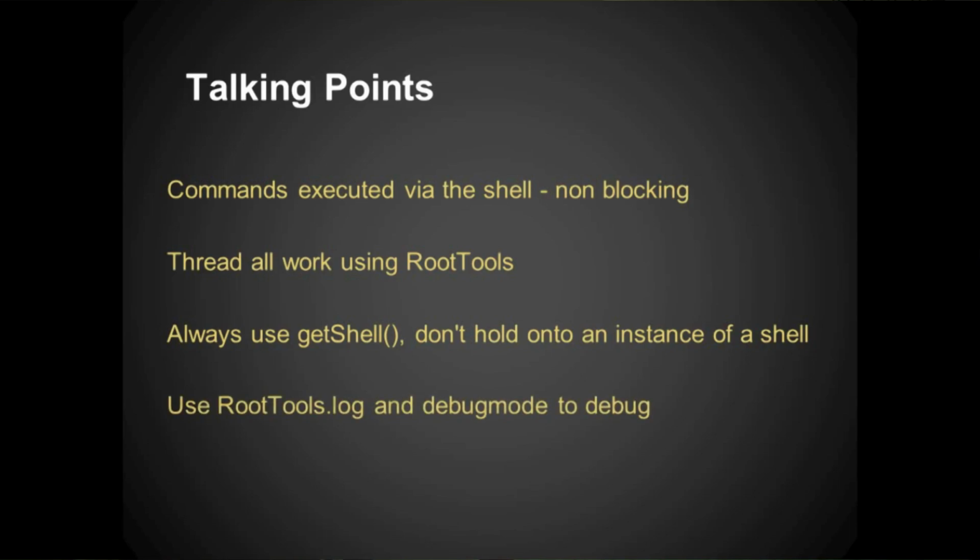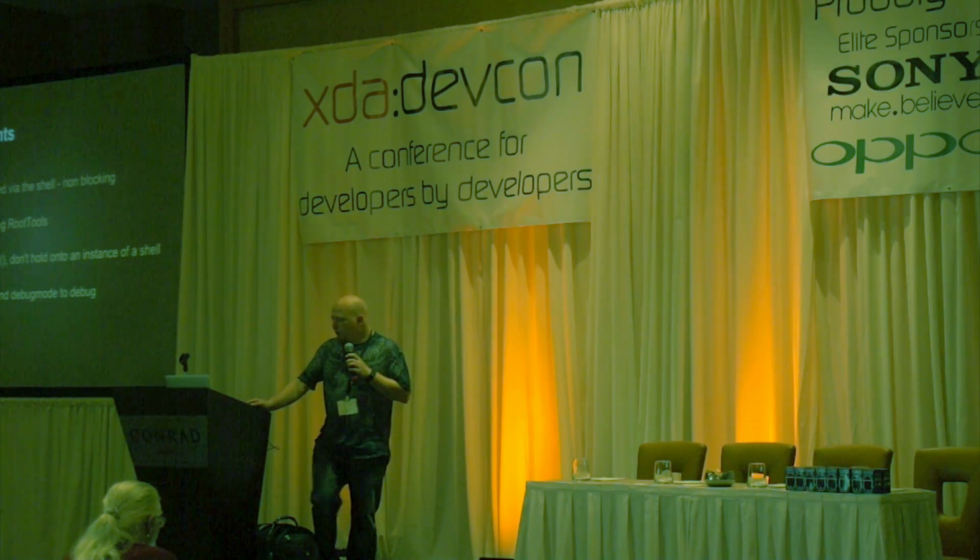One thing that I didn't bring up yet was the RootTools log and debug mode. So RootTools has a method called log, which will allow you to log debug information for your application. It provides support for all of the standard Android logs like debug, verbose, info, error.